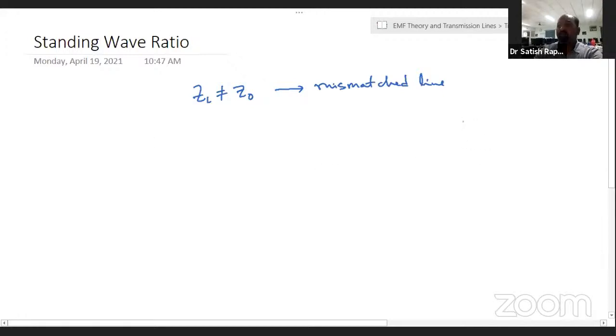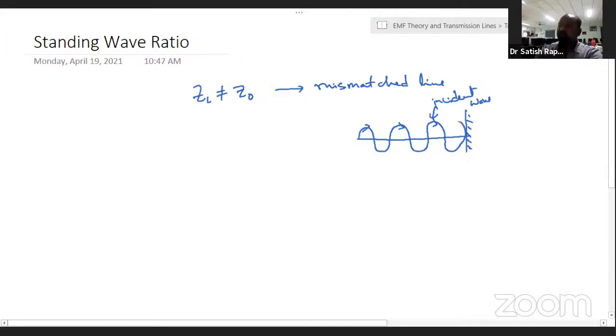For example, consider a boundary like this. Let us say this is the load, and the load is mismatched. When the input waveform meets the boundary, let us say this is the incident wave. When the load is mismatched, what happens?